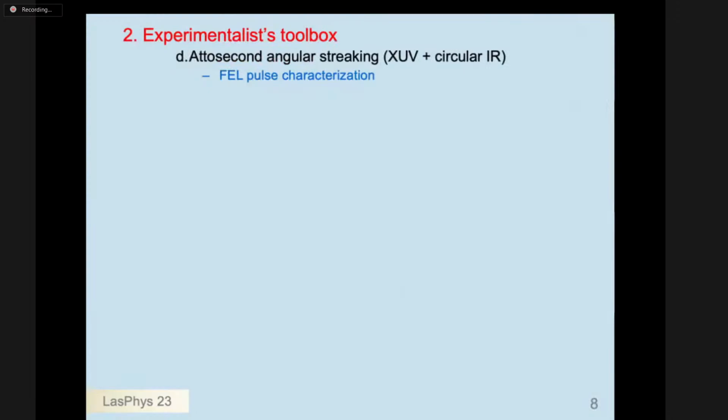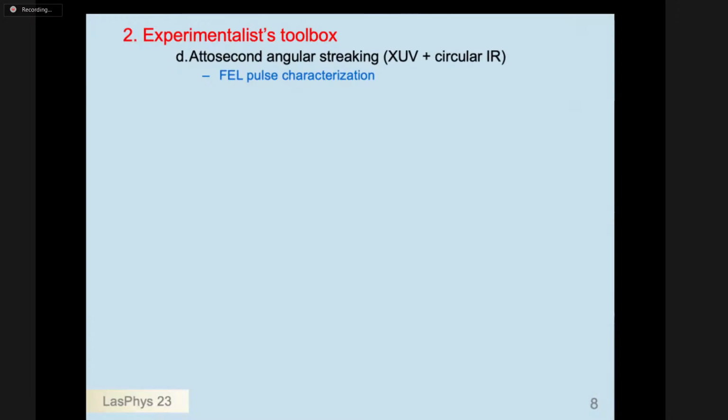So what I will be talking about is attosecond angular streaking of XUV ionization, which was introduced for a different purpose. In the techniques which I described before, the delay between XUV pump and infrared probe was tightly controlled.